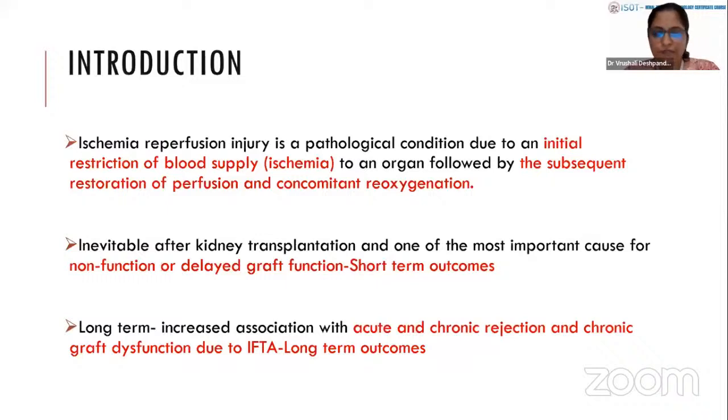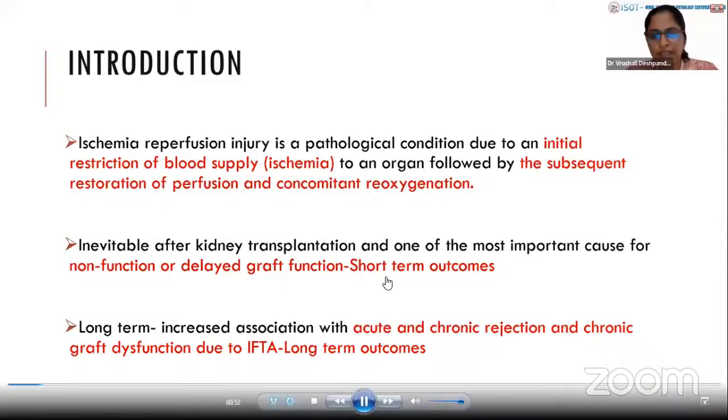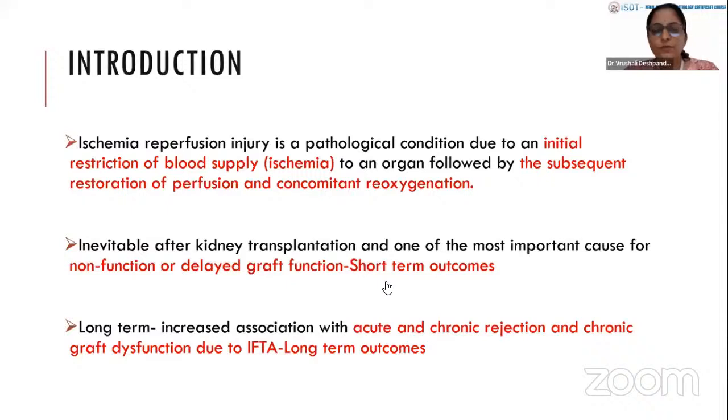Because it is inevitable after kidney transplantation, first thing, and it is one of the most important causes for non-function or delayed graft function. Apart from these short-term outcomes, when we think of long-term graft impact, ischemia reperfusion injury is associated with increased risk for acute and chronic rejection episodes and chronic graft dysfunction due to IFTA.